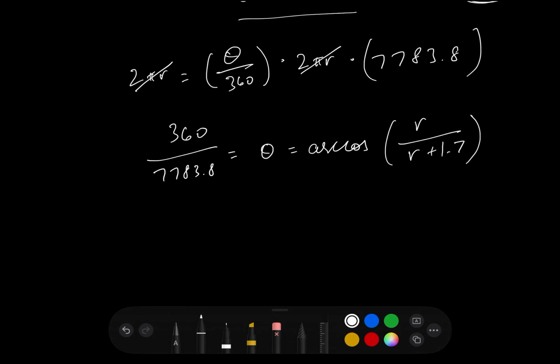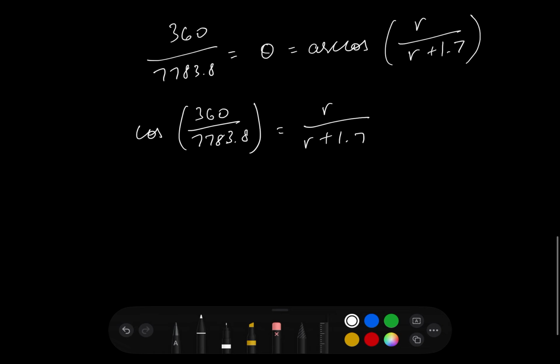And so now we can write cosine of 360 by 7783.8 is equal to r over r plus 1.7.